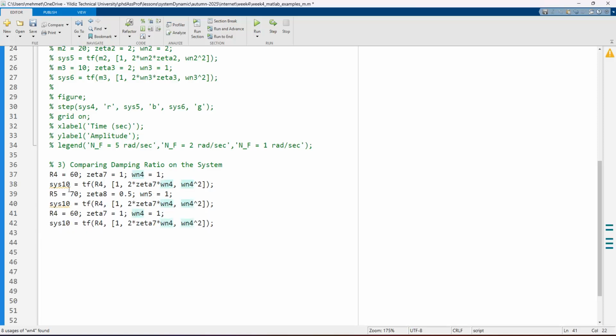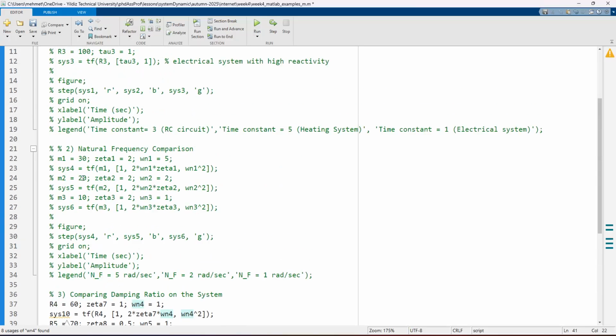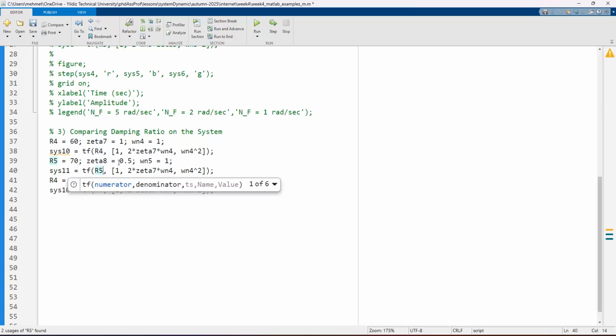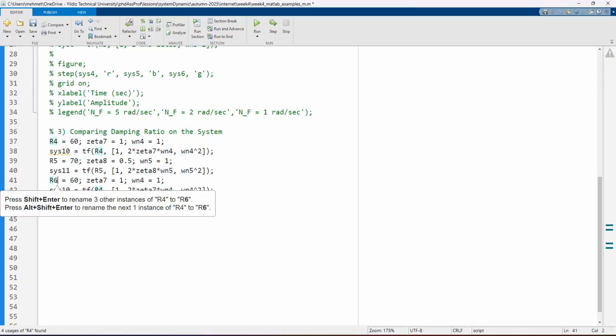Okay, and also this is sys10 and sys11, r4, and this r5 should be different, 8, 5 and 5. And so this is r6, and we can assign the 80 value, and zeta 9 may be equal to 5, and wn6 equals 1.